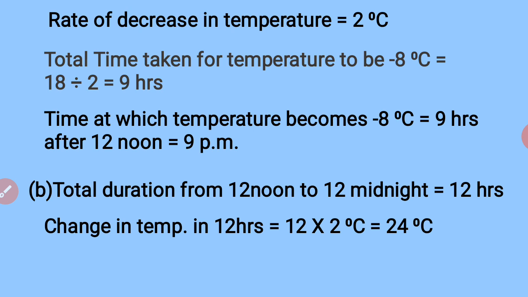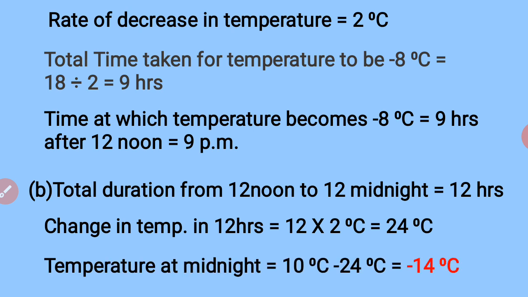So after 12 hours, it will decrease by 24 degrees. But it started from 10, decreased by 24. So the answer will be 10 minus 24, that is 14 degree with a minus sign. That is minus 14 degrees Celsius at midnight. So you can understand how cold it is.